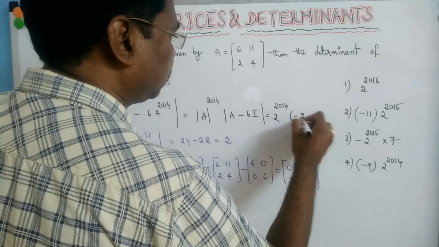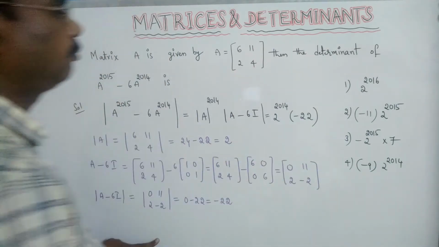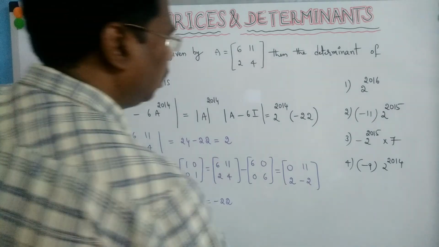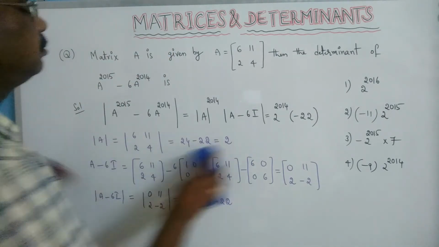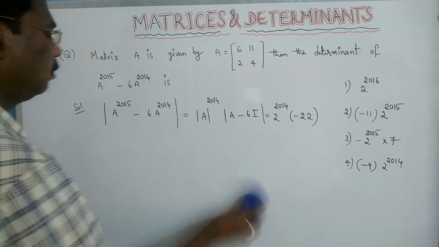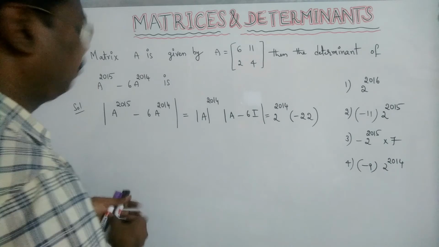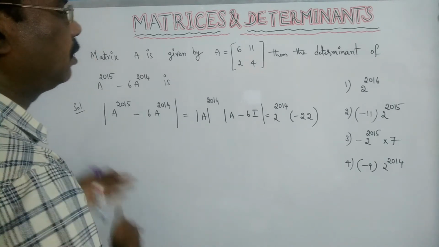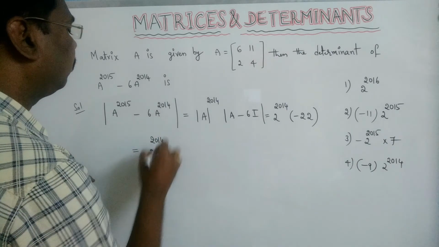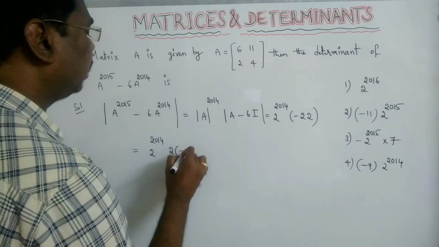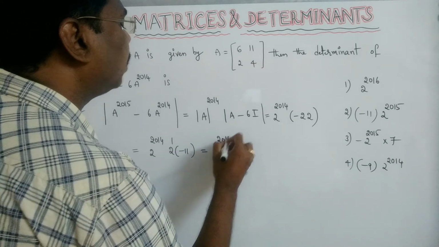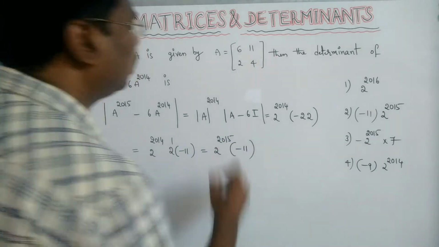So 2 power 2014 into minus 22, which is 2 power 2014 into 2 into minus 11, so 2 power 2015 into minus 11.